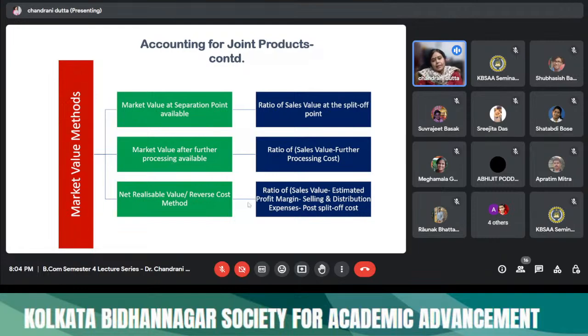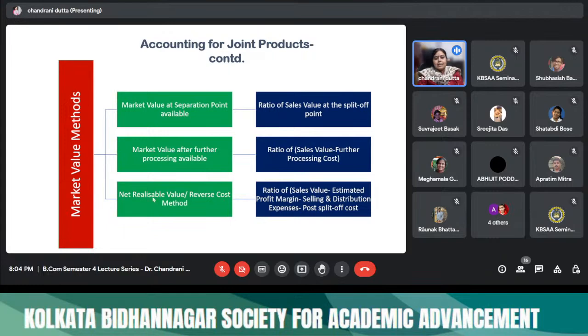In that case it becomes very easy: the market value after further processing, after the split-off point. After that further processing you are able to get the market values of the product. So one portion says that at the separation point you get the market values, that data is available. The second says that after further processing you get the market value, so that data is available with you.